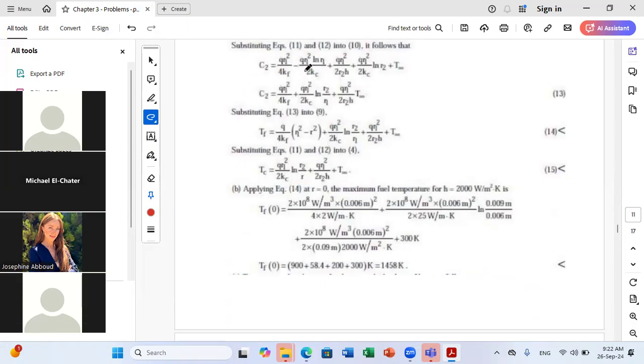For example, here they are asking to evaluate the maximum fuel temperature. As we mentioned, the maximum fuel element temperature will occur at the center line. So if you replace r by 0 in this equation, you will get the temperature at the center line, which is the maximum temperature in your fuel element.